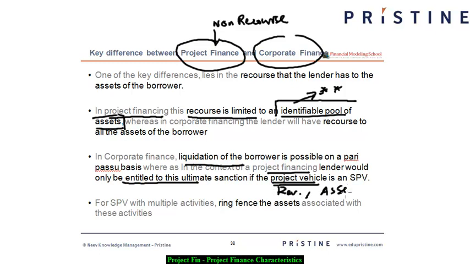Again, sometimes you don't even have recourse on the assets, just on the revenue of the project. So you need to make sure that you identify them very, very clearly. Again, if an SPV is involved in multiple activities, then as a project finance analyst, you need to ring fence your assets. You need to clearly identify them and then put that in the contractual agreement.